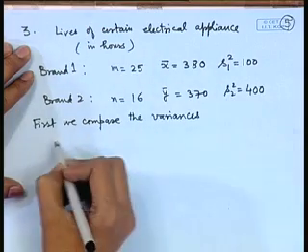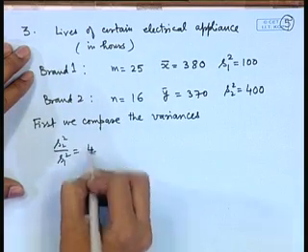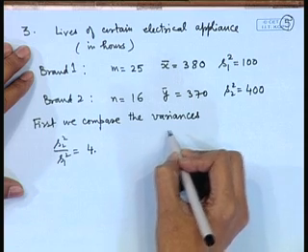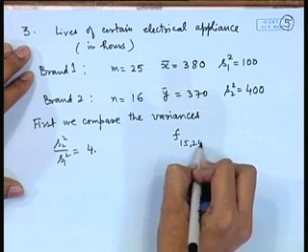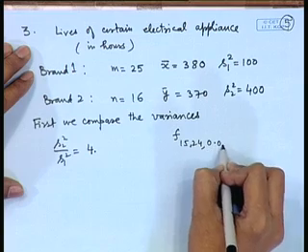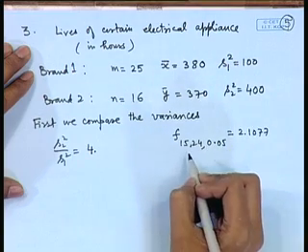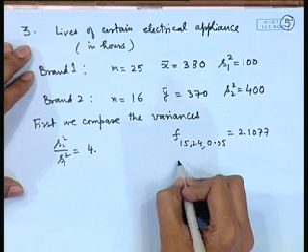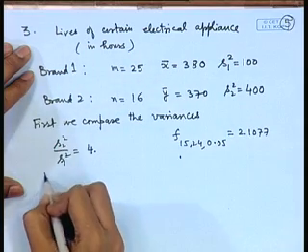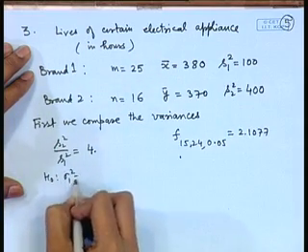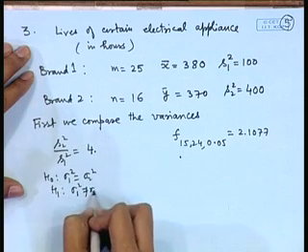So, if we take the ratio S2 square by S1 square, that is equal to 4. So, if we look at the F value on 15, 24 at 0.05, that is equal to 2.1077. So, naturally if I am considering the reverse of that, that is going to be smaller. So, H naught: sigma 1 square is equal to sigma 2 square against H 1: sigma 1 square is not equal to sigma 2 square.